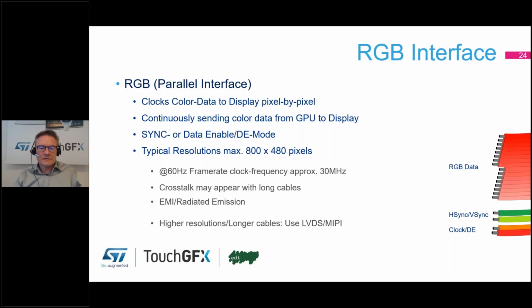You will see distorted images, shadows, etc. So the DE mode is definitely a much safer interface solution for the parallel RGB. And most display panels still have a parallel RGB somewhere in the system, converted into either MCU, LVDS, or MIPI by a controller in the end.